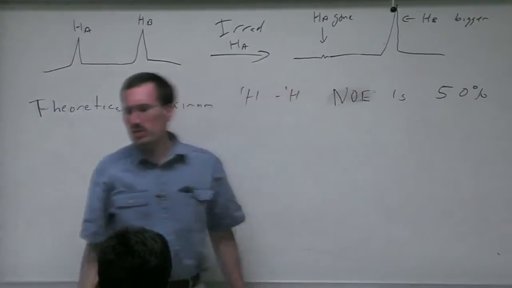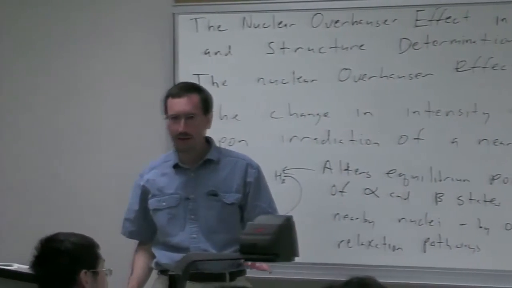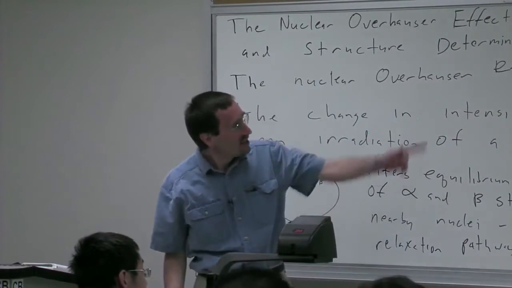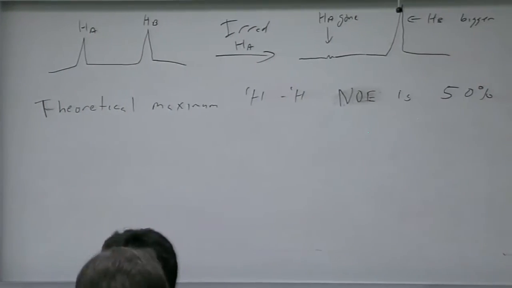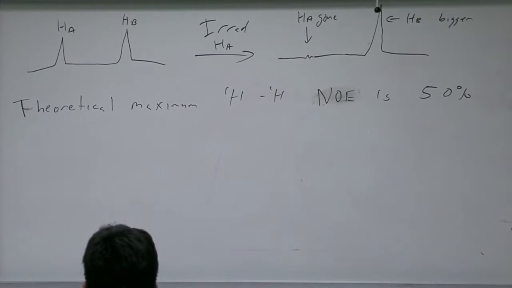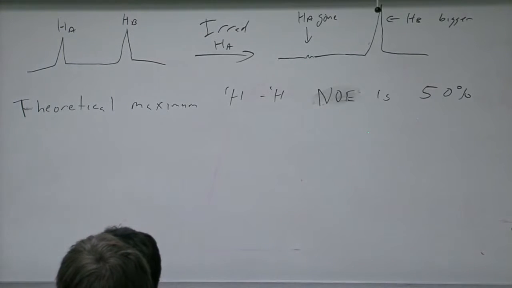And normally you see values that are a lot smaller than that. You might see typically 10%. So what I've drawn here is a cartoon where HB is appreciably bigger, which is actually not really the case. It's just going to be a teeny tiny bit bigger.